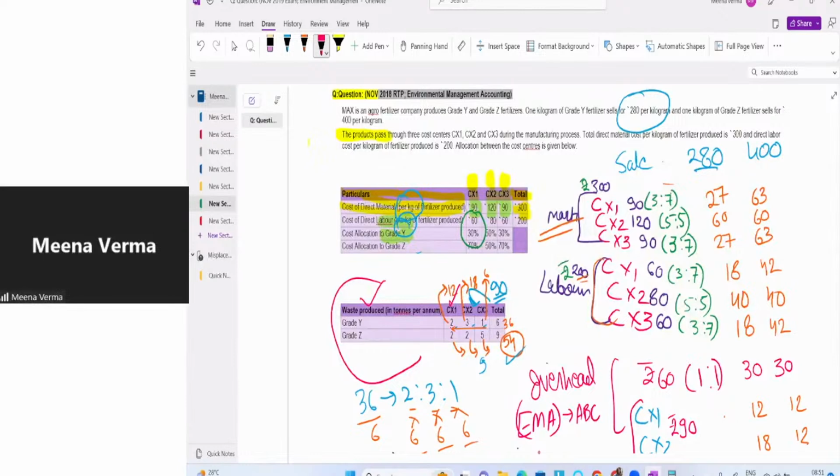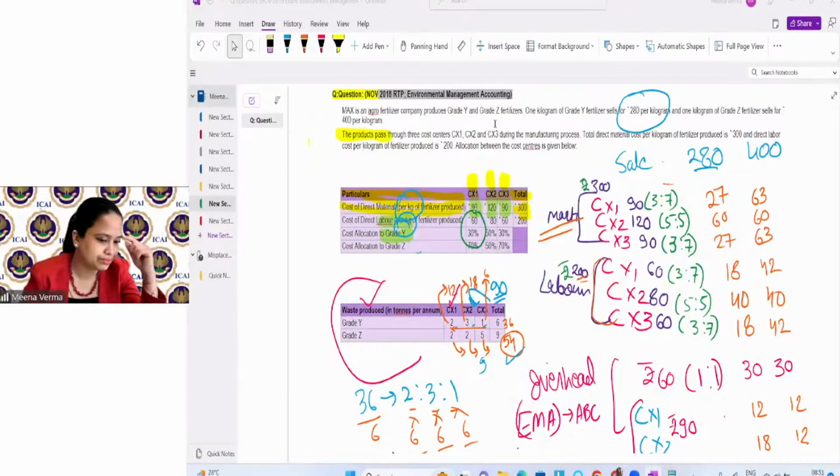Here we are considering the overhead cost as including environment-related costs, whether it is prevention cost, appraisal cost, internal failure cost or external failure cost. Whatever the cost, we are considering all of it in overhead.